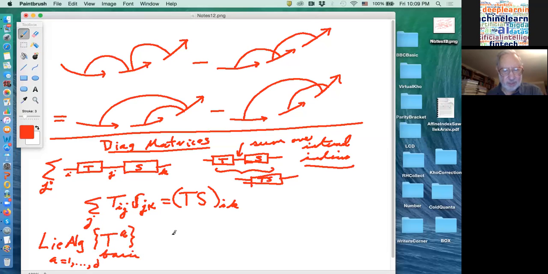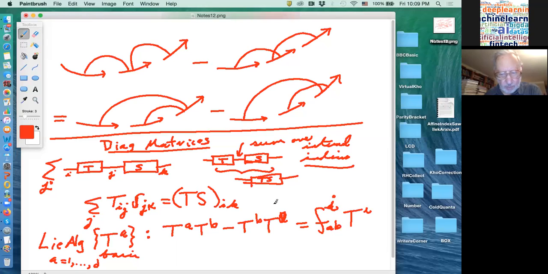Lower things are the indices for the matrix. And then we have that if I multiply T_A times T_B, and I subtract T_B times T_A, then there should be some constants.